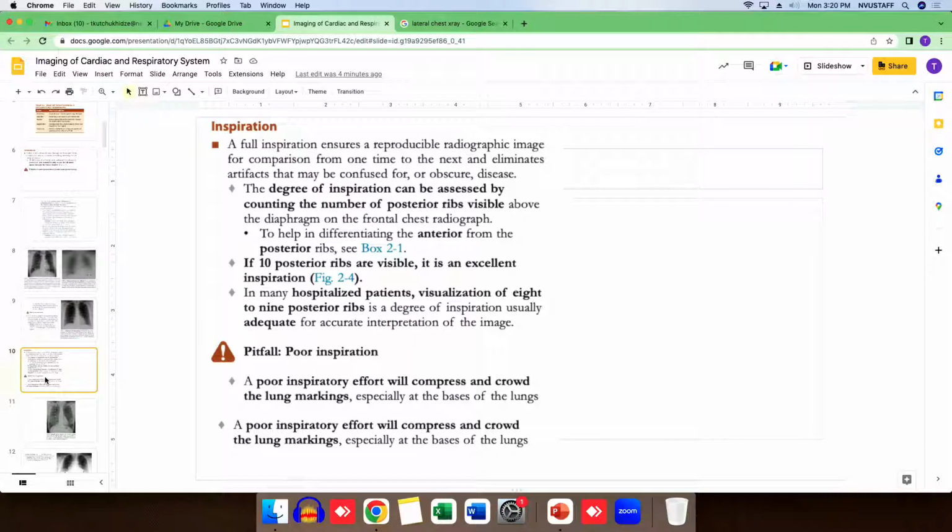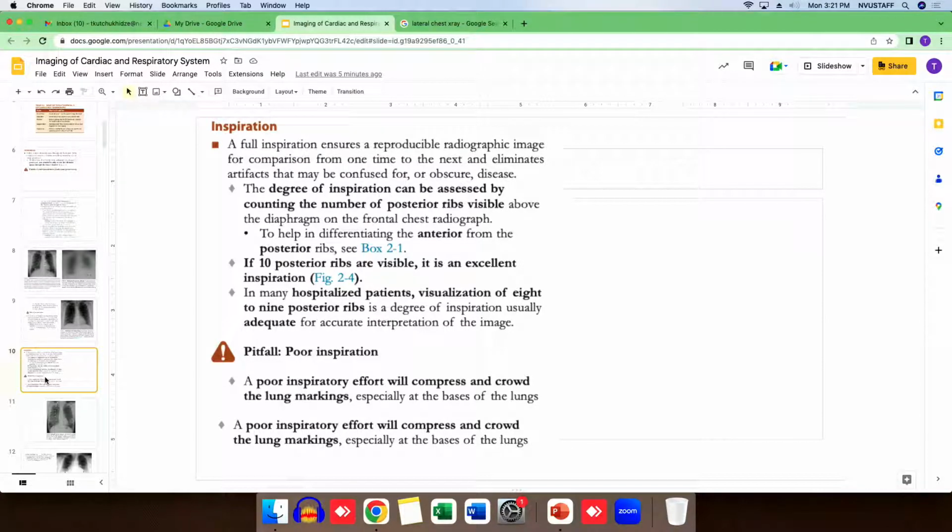If we have a hospitalized patient, then we mostly visualize around 8 to 9 posterior ribs. It also depends on the degree of inspiration. According to this knowledge, we can have two conditions, right? Either poor inspiration or extra good inspiration.